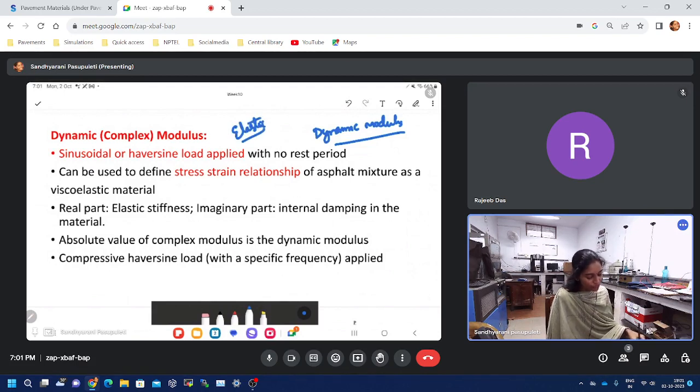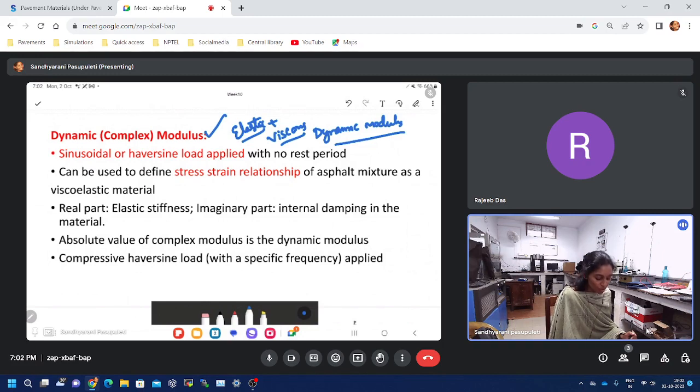Let us say if you wanted to understand both elastic plus viscous behavior of the material, then we need to use this dynamic modulus. Either a sinusoidal or haversine load we will be applying, but in this dynamic modulus we will not be considering any of the rest periods, and this can be used to define the stress strain relationship of the asphalt mixtures as a viscoelastic material.